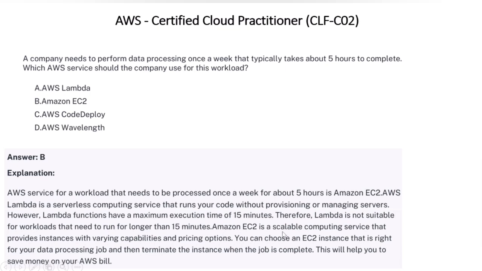Amazon EC2 is a scalable computing service that provides instances with varying capabilities and pricing options. You can choose an EC2 instance that is right for your data processing job and then terminate the instance when the job is complete. This will help you to save money on your AWS bill.